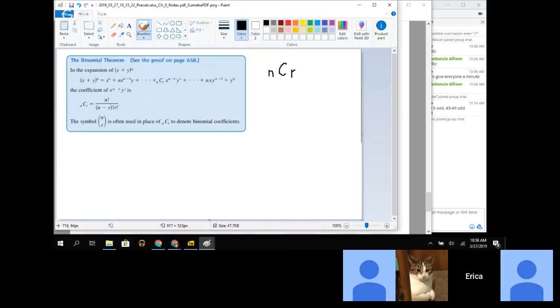The formula for finding combinations is nCr equals n factorial divided by r factorial times n minus r factorial, where n is the group you're sampling from, your total sample, and r stands for the number of objects you actually want.